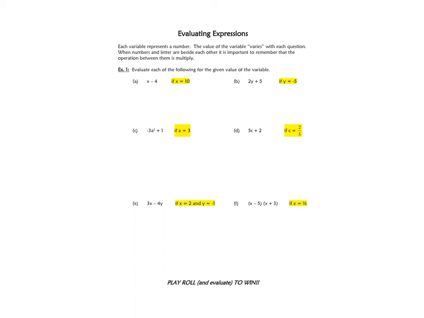Okay, so this lesson actually won't take too long. We're going to start with the first example here. It says evaluate each of the following for the given value of the variable. So in A here, I will zoom in for you.